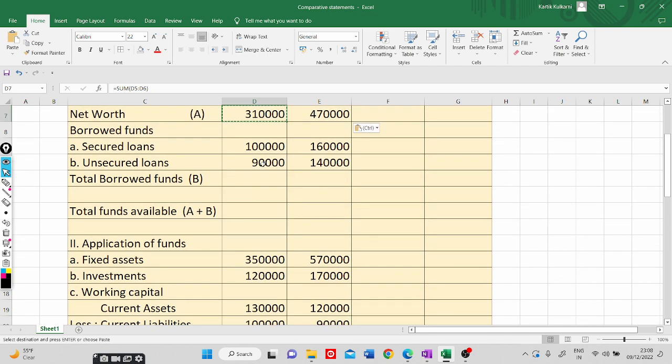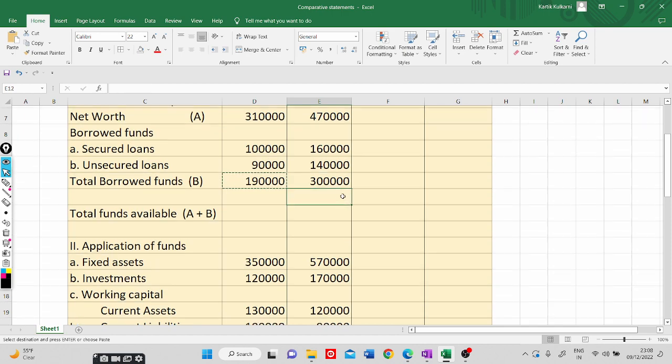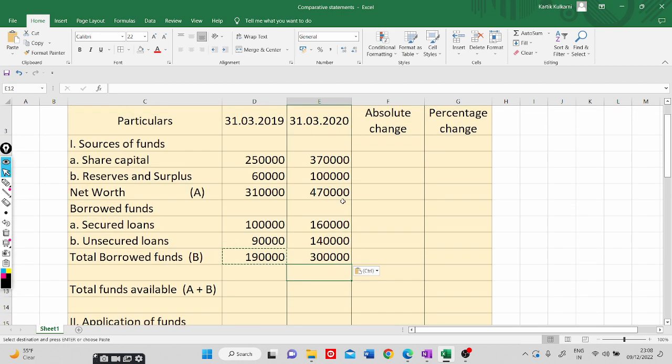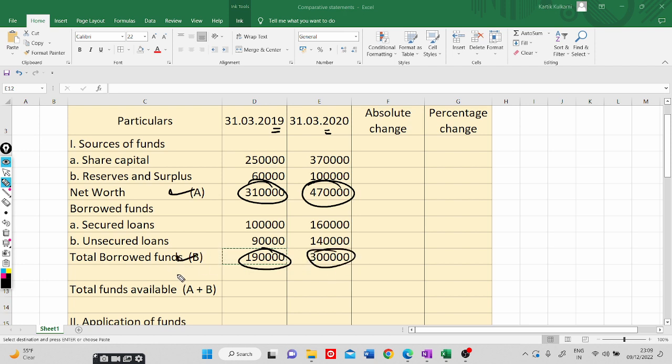Now similarly here we will take the total of the borrowed funds for 2019 and for 2020. Now you can see that this is A for 19, 4,70,000 is A for 20, 1,90,000 is B for 19, and 3 lakh is B for 20. So we'll take the total.